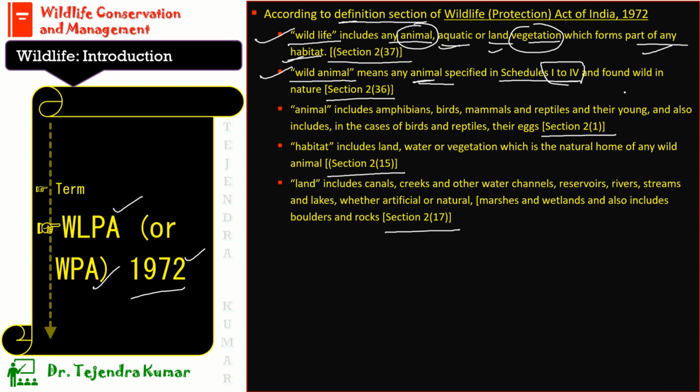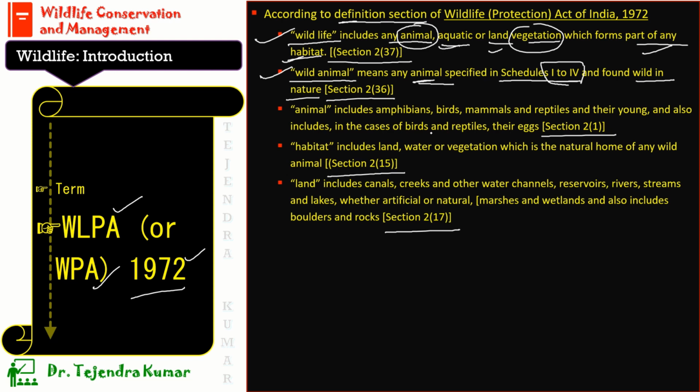So animals in schedules first to four and found wild in nature will be called wild animals. It is according to section 2, clause 36.